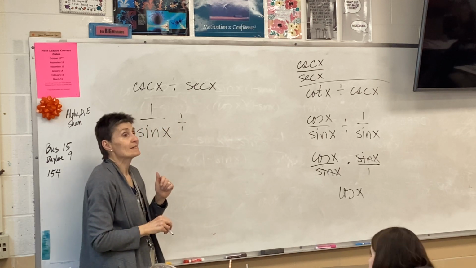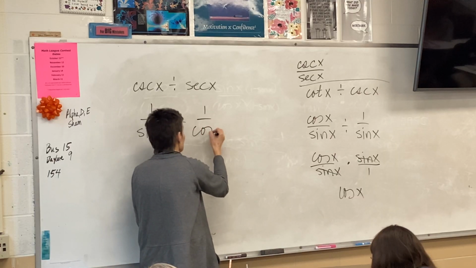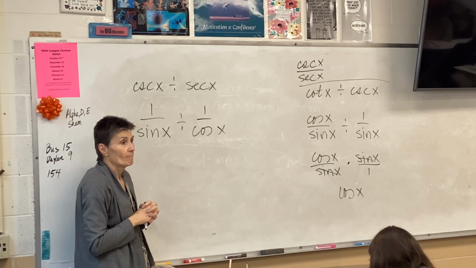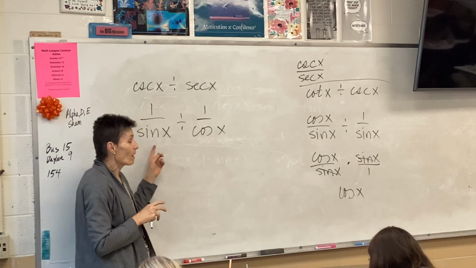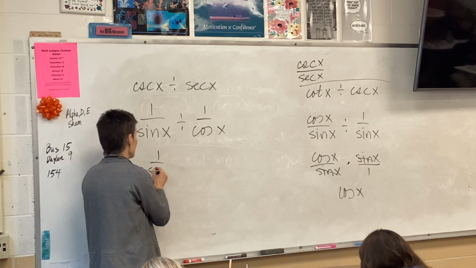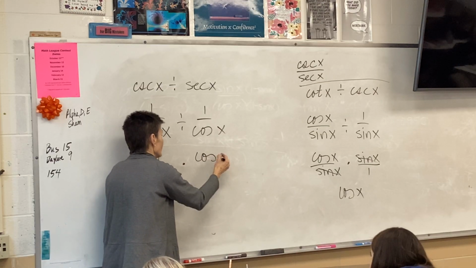What is secant? 1 divided by cosine. Okay? Now what's our next step? We have a fraction divided by a fraction, so we will keep, change, flip.